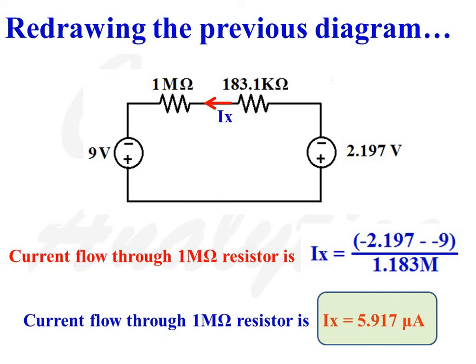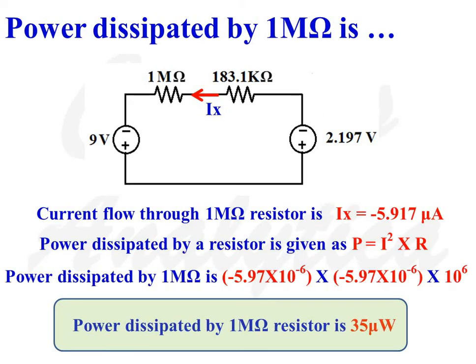So current flow through 1 megaohms resistance is equal to 5.917 microampere. Power dissipated by 1 megaohms resistance is P is equal to I square R. We will get power dissipated by 1 megaohms resistance is 35 microwatts.